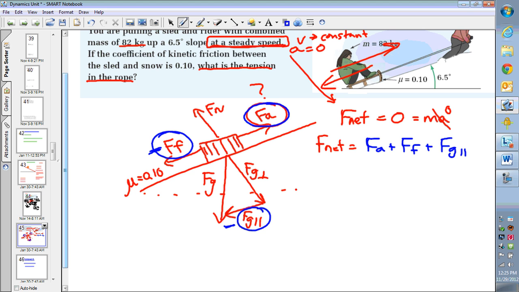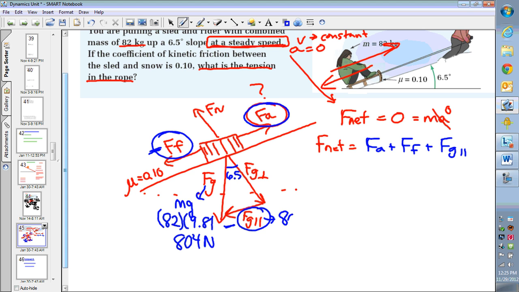So just like the last example, I'm going to work each one of these out separately. So FG is mass times gravity. So that's 82 times 9.81. So when we work that out, I get 804 newtons. If it's 804 newtons down, this guy is going to be the sine of 6.5 degrees times that.